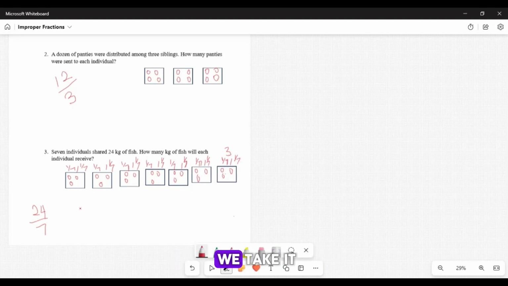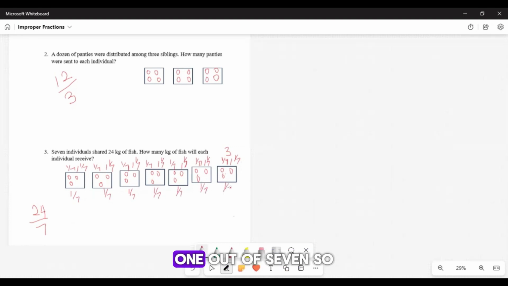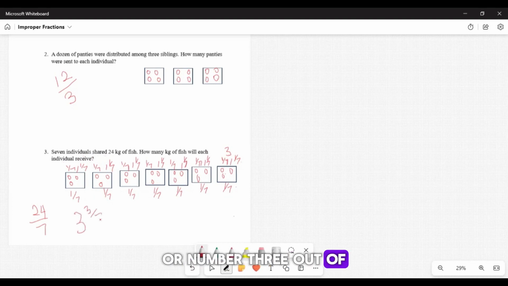We take it, divide it into 7 equal portions and keep sharing, 1 out of 7 each. So you realize, how many 1 out of 7s do we have? It is 3. So we have 3 whole numbers and 3 out of 7.